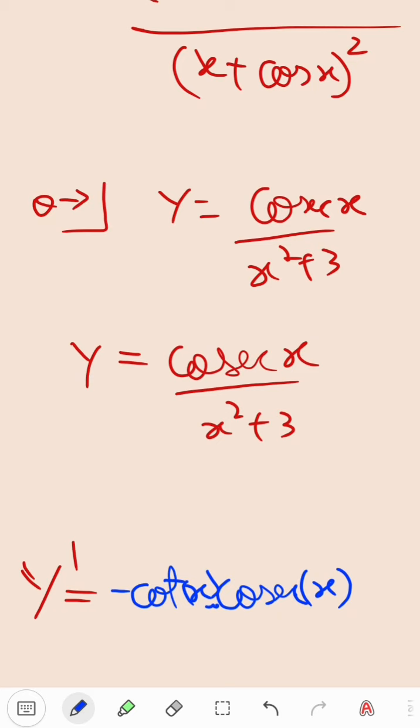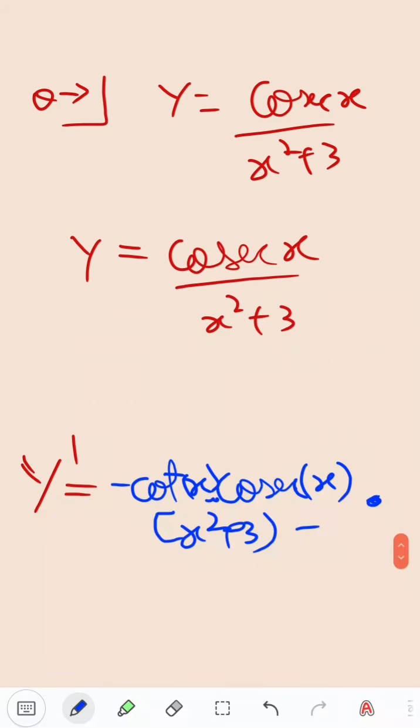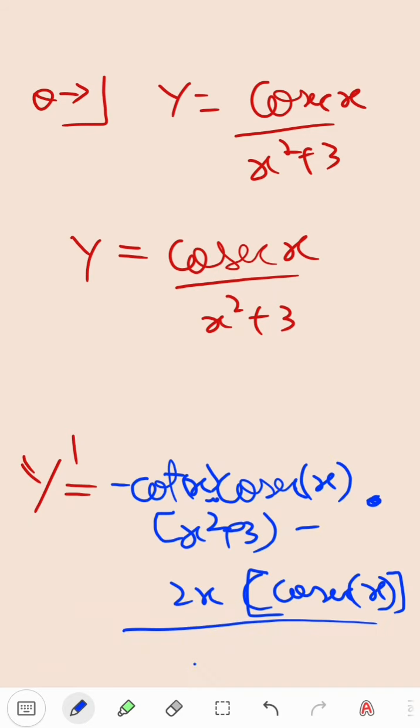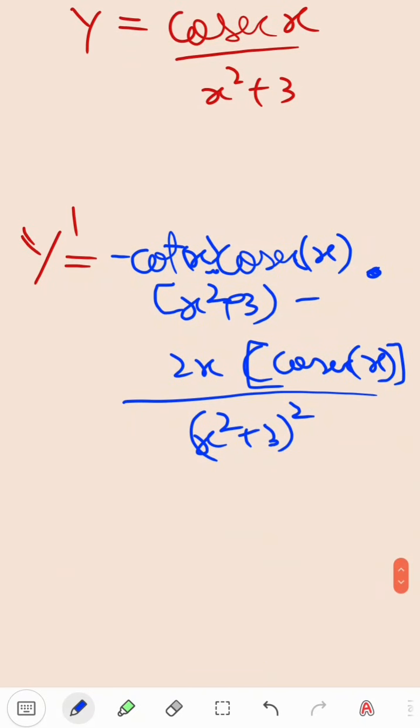This means the derivative of the first function into the second function as it is, minus the derivative of the second function, which is 2x, into the first function as it is, this whole divided by the square of the second function, which is the square of (x square plus 3). Okay, so y dash equal to this, and we can simplify it better as per your need. I am leaving this as homework for you to simplify this function if you can, and there is no issue.